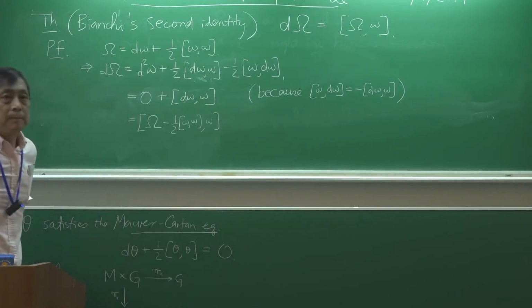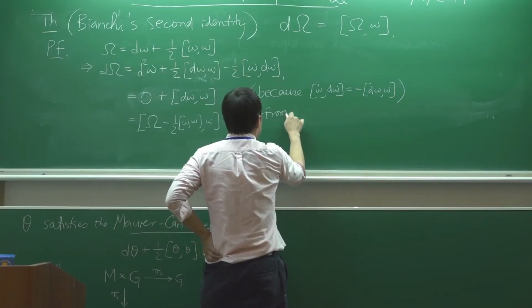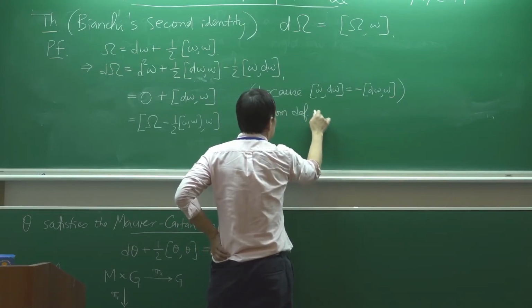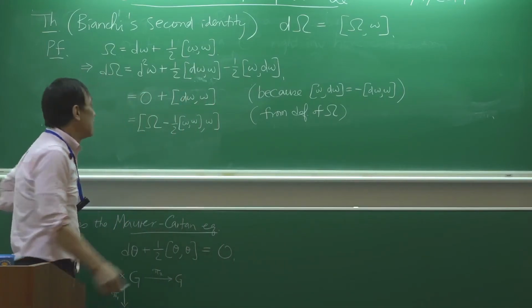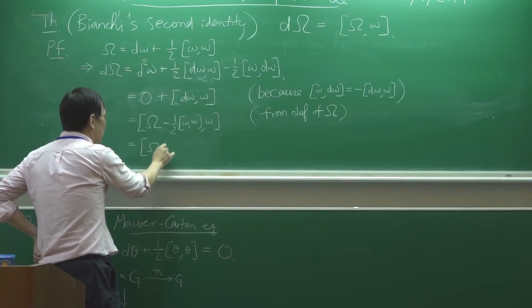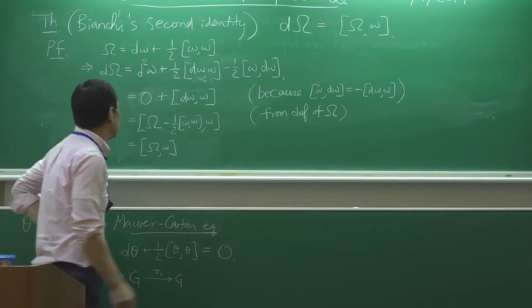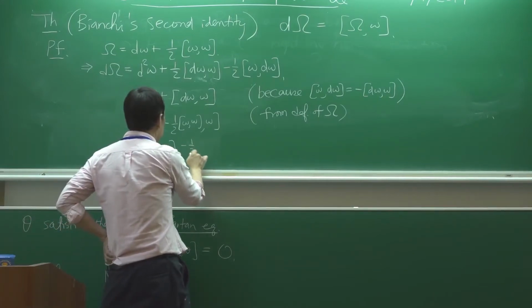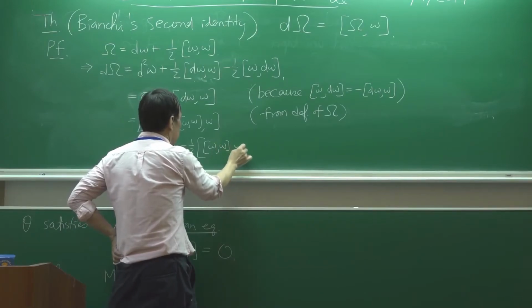Okay? So this is from the definition of curvature. And so this gives you curvature bracket omega, and then minus 1/2 bracket bracket omega omega.